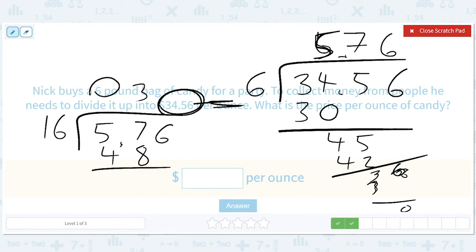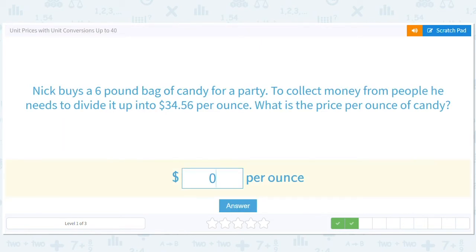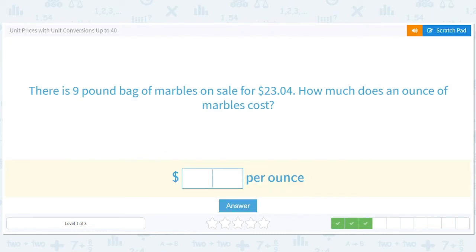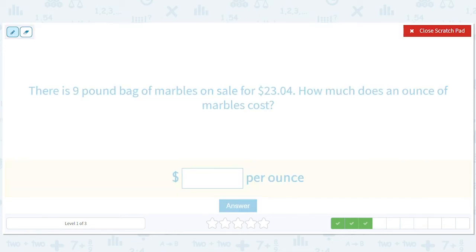We'll get 96, and so this will be 36, and so we'll end up with 2 decimal places, right, because there are 2 decimal places here, so it should be 36 cents per ounce. There's a 9-pound bag of marbles on sale for $23.04. How much does an ounce of marbles cost?